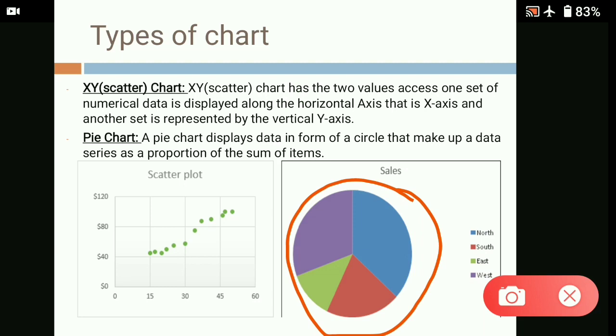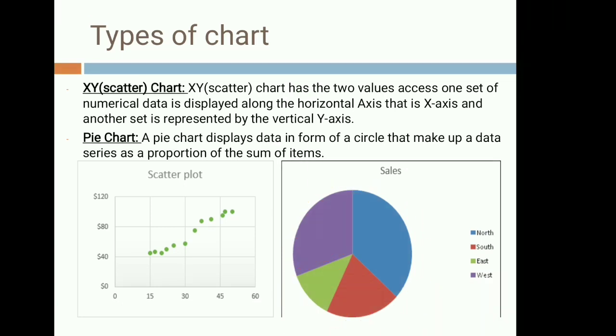Here we are distributing the sum of sales in different areas in different proportions, like blue area for the north, orange for the south, green for the east, and purple for the west. These are the sales areas shown in proportion with the help of the circle. Okay, I hope you understand well.